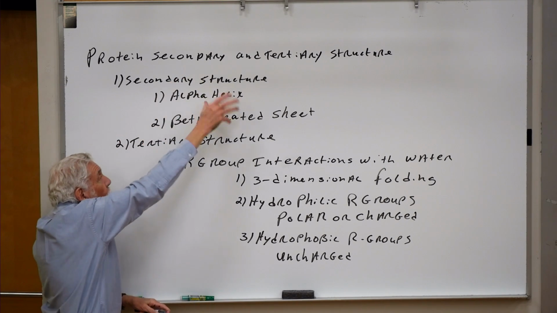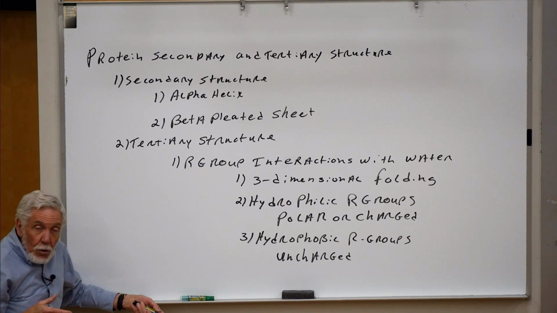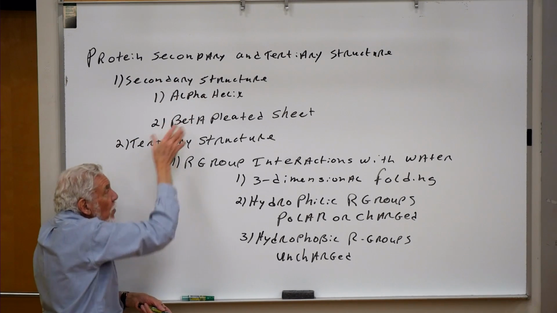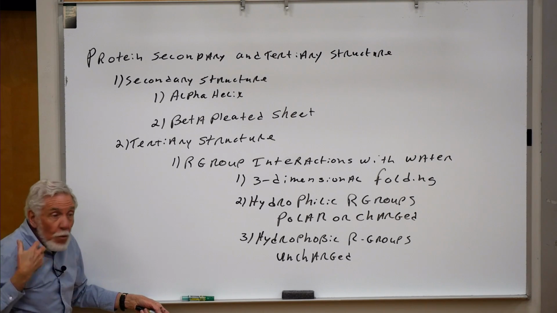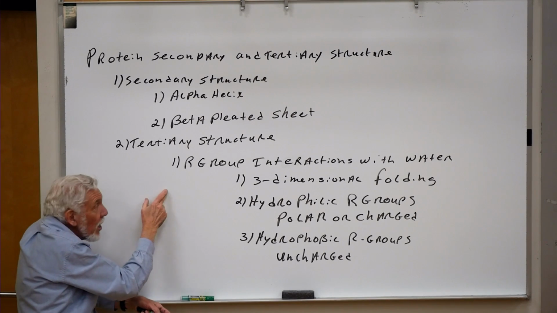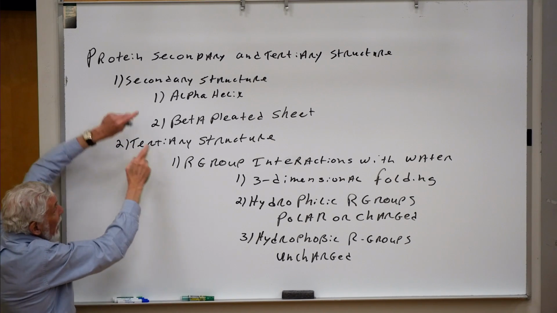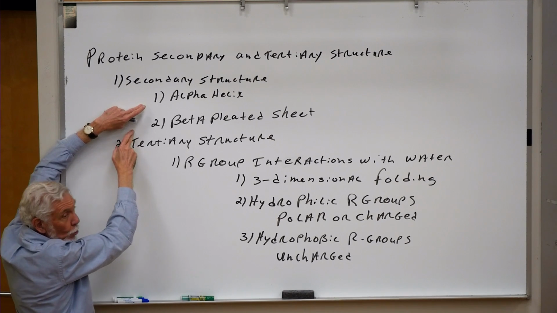Now, the alpha helical region and the beta pleated sheet will interact one with the other, and also to some extent with the water, and they'll form the rudiments of the three-dimensional structure of the protein. But to get a proper three-dimensional structure of a protein requires the R group of each amino acid. In the alpha helix and the beta pleated sheet, we do not need to have R groups involved.